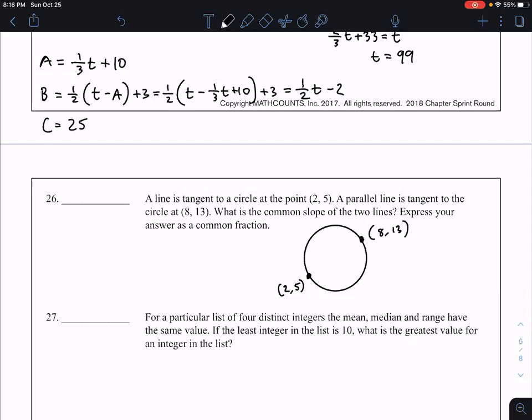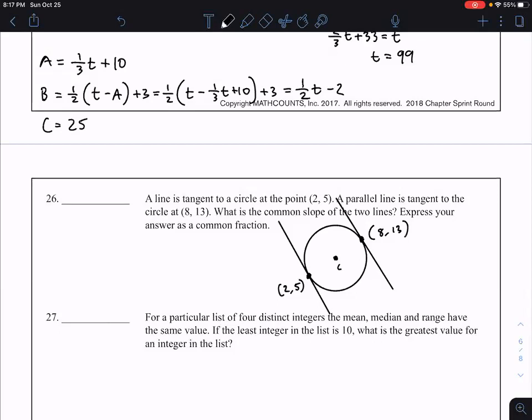And since they're parallel lines, well, the tangent lines are parallel. So it looks something like this. And this is just the center of the circle.